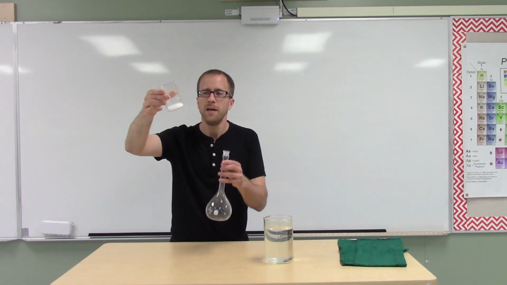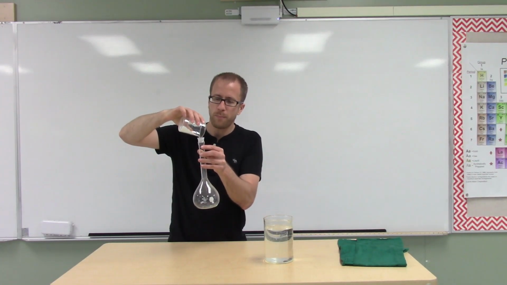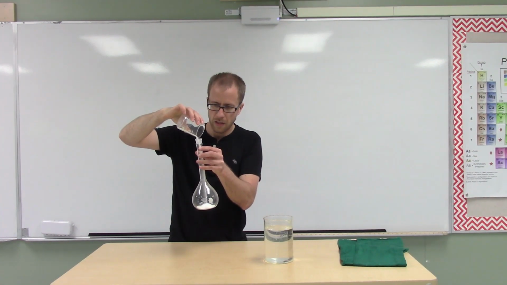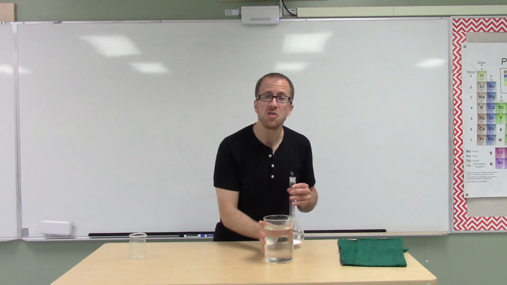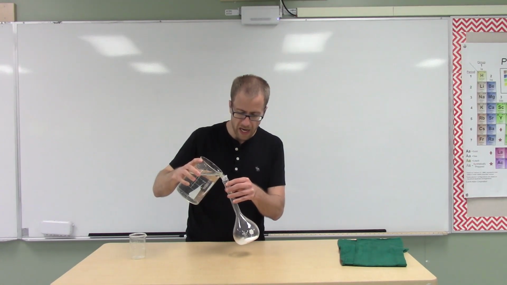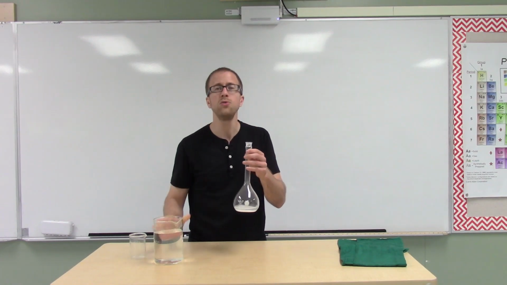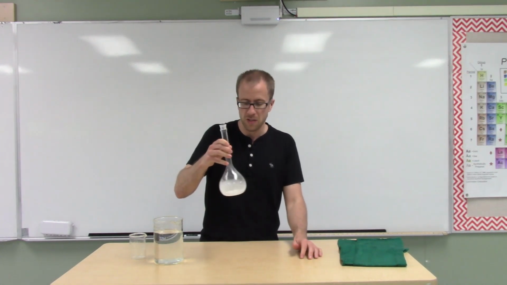So I'm going to take my 29.22 grams, I'm going to put it in my volumetric flask, and I'm going to add some water. Now, I'm not going to add 500 mils because I want to add some and dissolve the salt first.